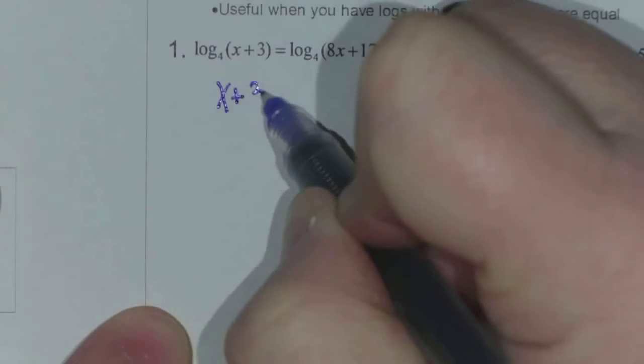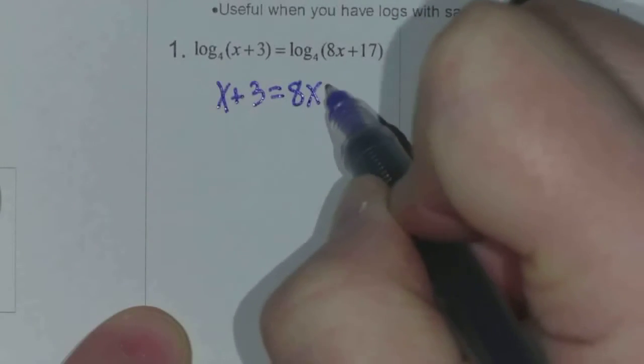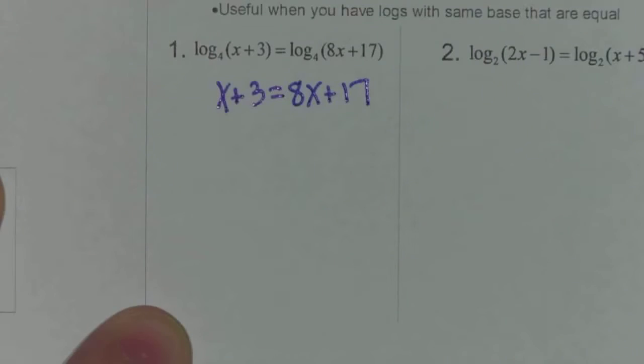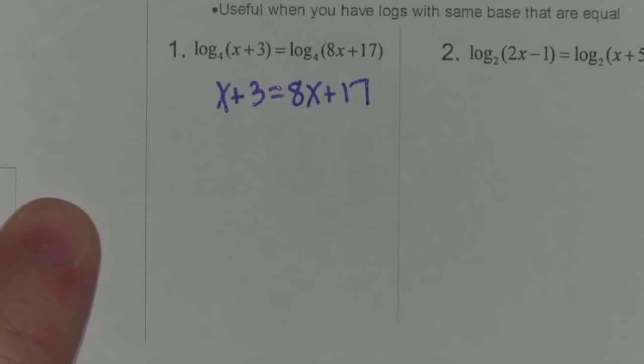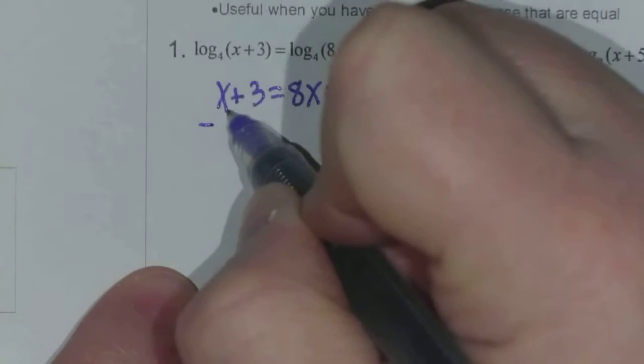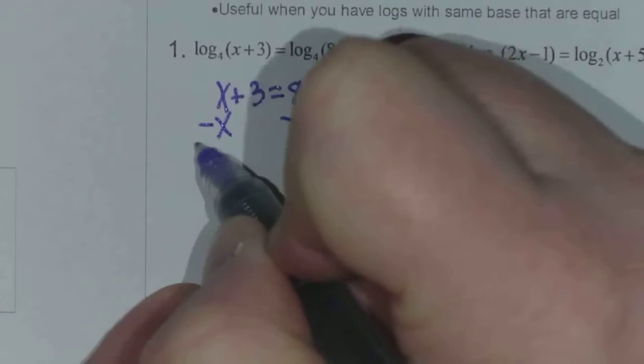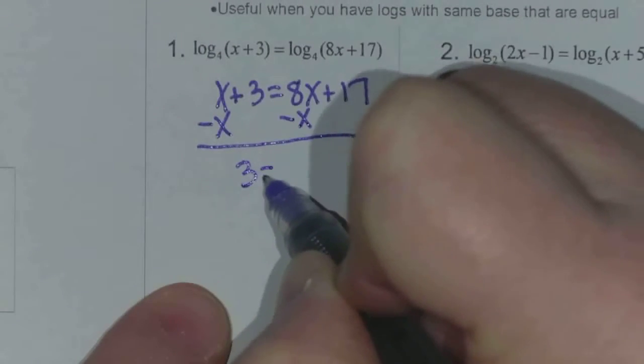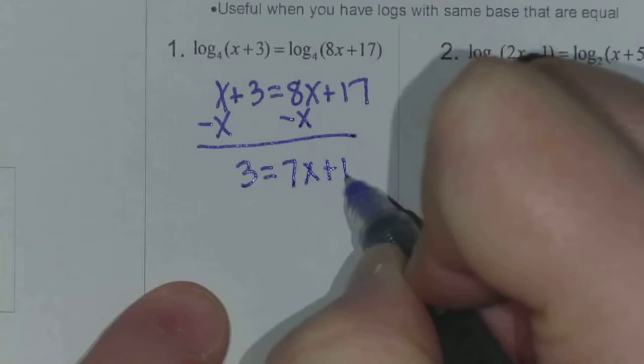So I get to do x plus 3 equals 8x plus 17. So far you're liking logarithms, right? That's pretty easy. Same base, just forget that they're there, solve the algebra. So what am I going to do to solve this equation? Subtract the x. When I do that, I get 3 equals 7x plus 17.